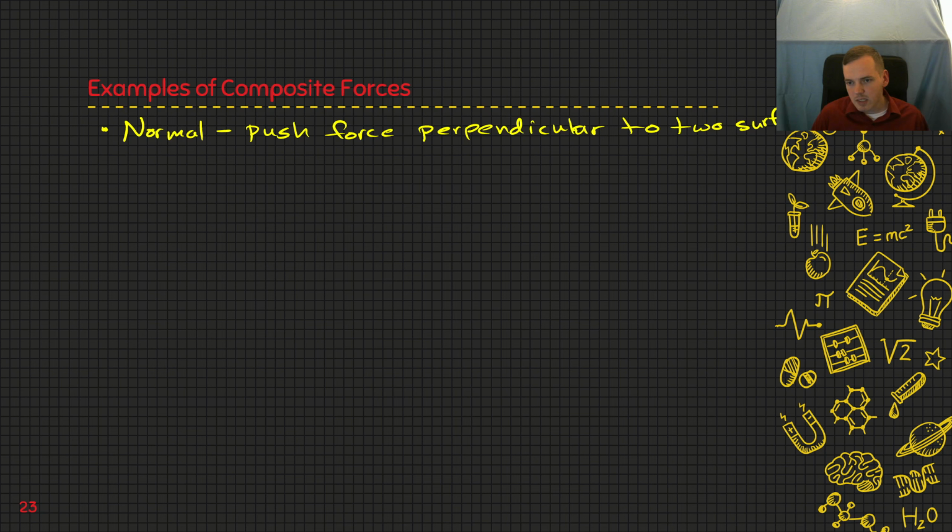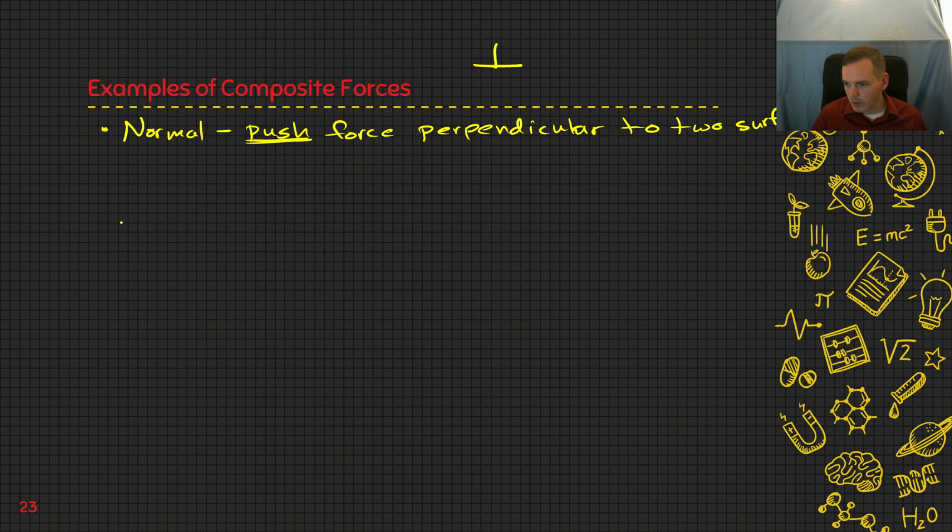So if you're pushing on something, you're exerting a normal force. If I'm pushing on my face here, my hand has a normal force going that way against my face, and my face has a normal force going that way against my hand. Normal is a math word for perpendicular, so that's why we call this a normal force. And normal forces are always push forces.